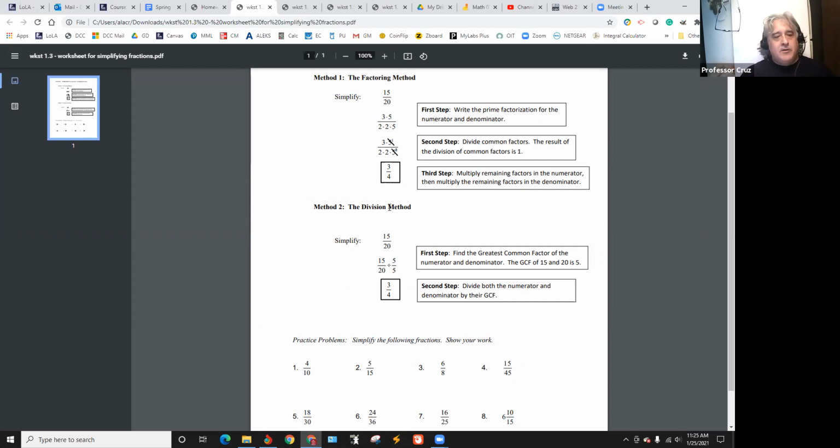Most of the time I'll just do them by the division method. And then if I get stuck on something and I can't see how this whittles down, then I would go back up and factor into common factors, and then you can just take them out. And what's left over, you just multiply it back.